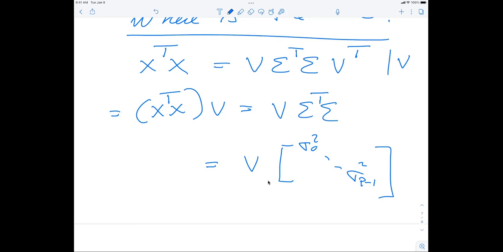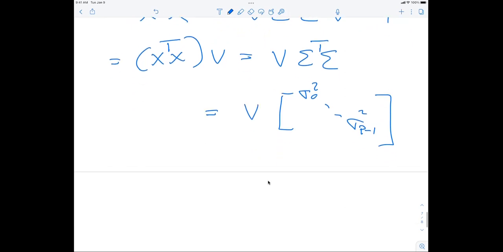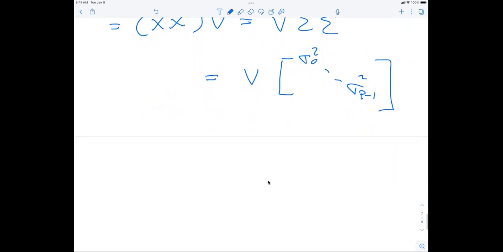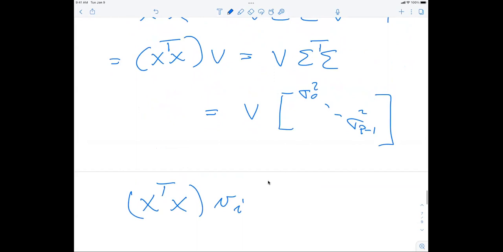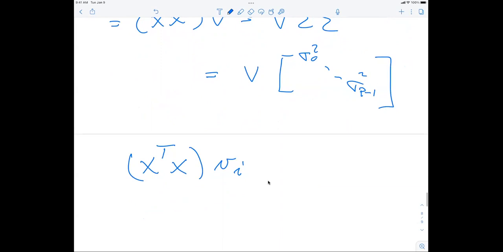So if I pick one of them, this is the same as multiplying X transpose X times v_i. Remember that I can rewrite V as a set of column vectors. This is going to be v_i times sigma_i squared. What do we call this? Eigenvalue. It's an eigenvalue problem.